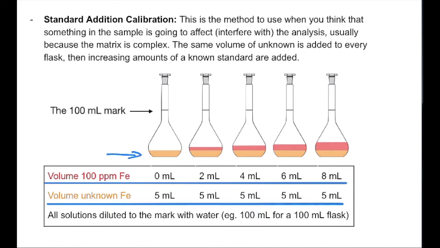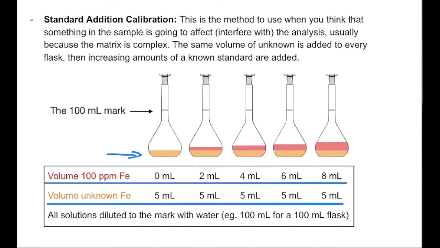So each of these samples contains the unknown, and all but one of these samples contains the iron standard. So it's quite a bit different than the external standard calibration method, and the reason that we do this is so that we can match the matrix of the sample with the matrix of our standards, because we're putting the sample right inside our standards, so the matrix is automatically going to match.